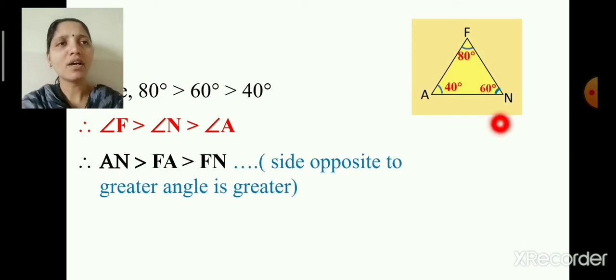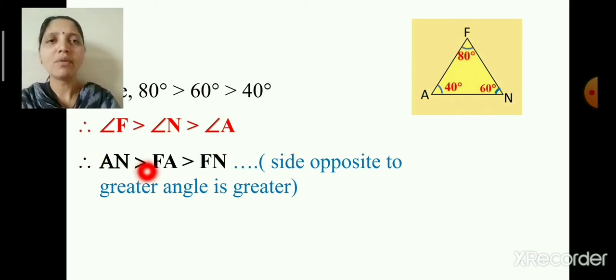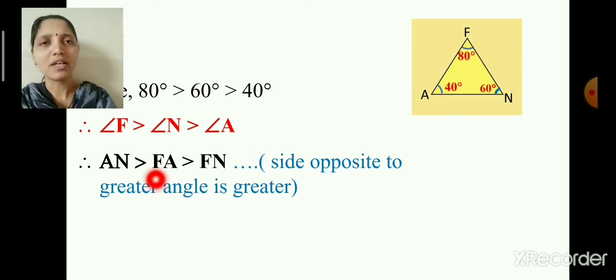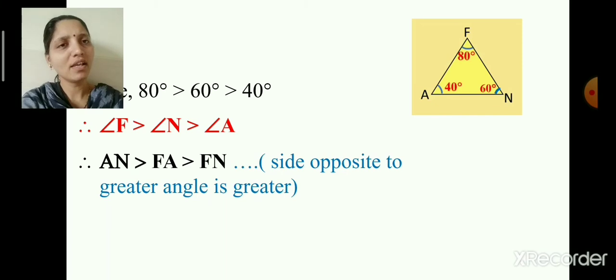What is the side opposite to angle F? That is AN. So side AN will be greater than side opposite to angle N, FA, is greater than FN. So reason you will write as side opposite to greater angle is greater.